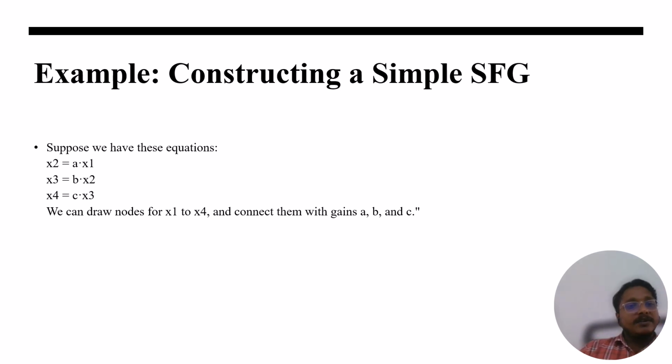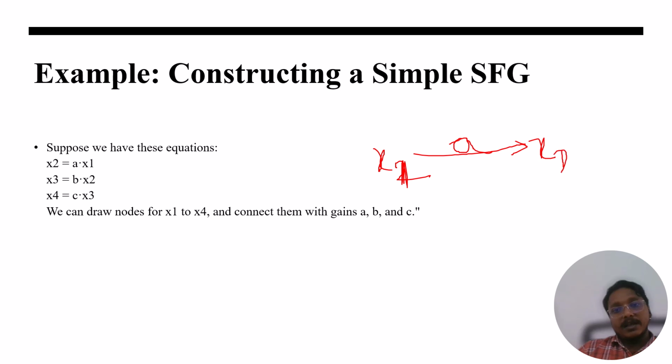Suppose we have these equations. x2 equals a times x1. x1 will be here, x2 will be here, and then the arrow will be represented between them. Next, x3 equals b times x2.